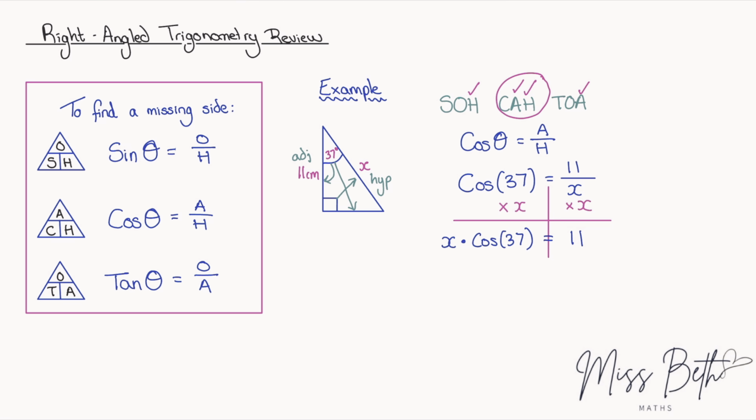And then I'm going to divide both sides by cos 37 to isolate x again and make it my subject. It's a nice little trick to learn: if your missing value is on the bottom of the fraction, you just switch them out with each other. So we have x is equal to 11 divided by cos 37.